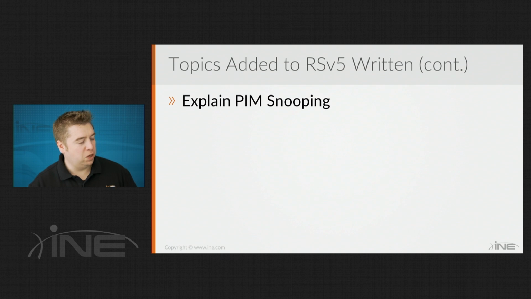Then we have explain PIM snooping, which is kind of surprising. I'm not really sure why they decided to add this to the written exam, because it should have already been there before. PIM snooping we'll talk about in the multicast section in the new advanced technologies class. But basically what this means is that it allows the layer 2 switch to figure out which is the router's port that is attached to the multicast domain.